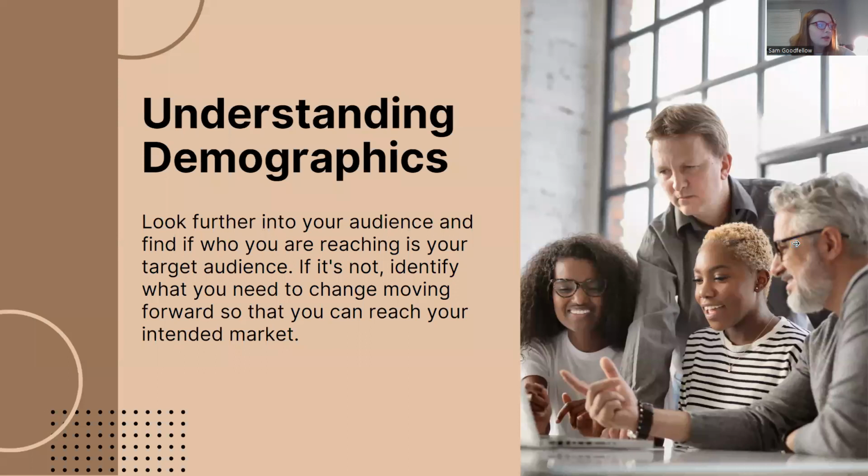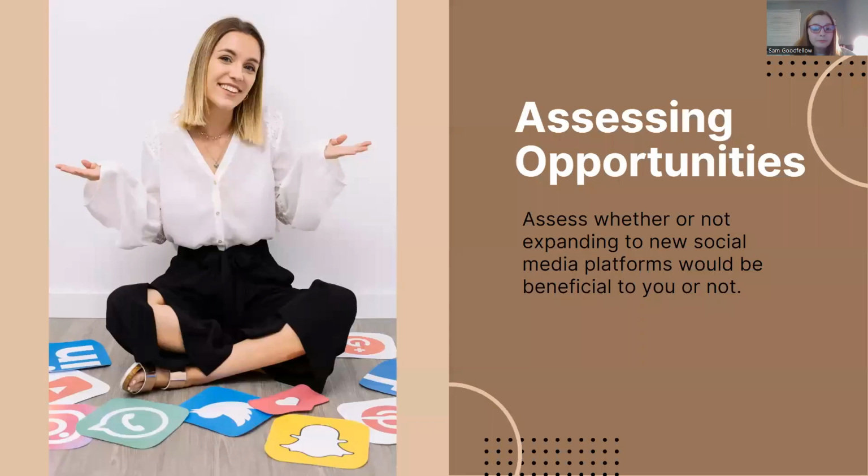And then moving on, understanding your demographics. So you really want to make sure this should be shown in your analytics as well, especially if you pay for services or look at, again, the Meta Business Suite, which will be talked about in a later video in this course.